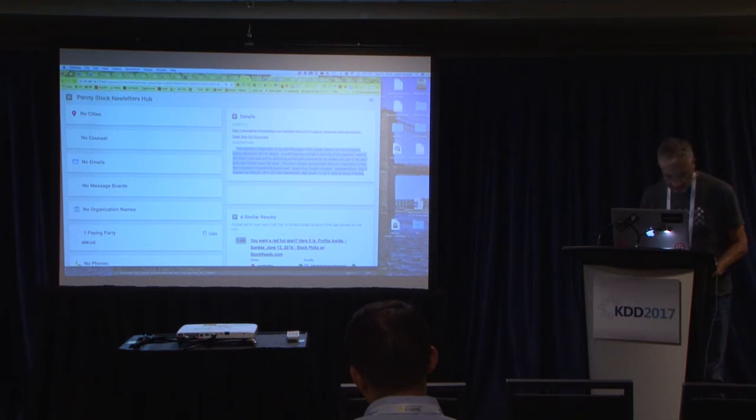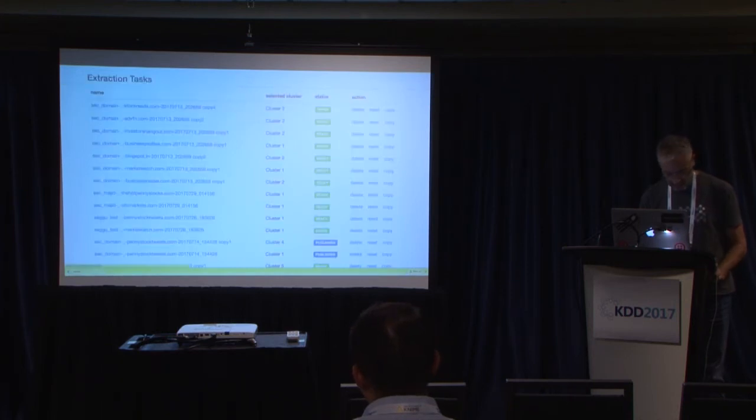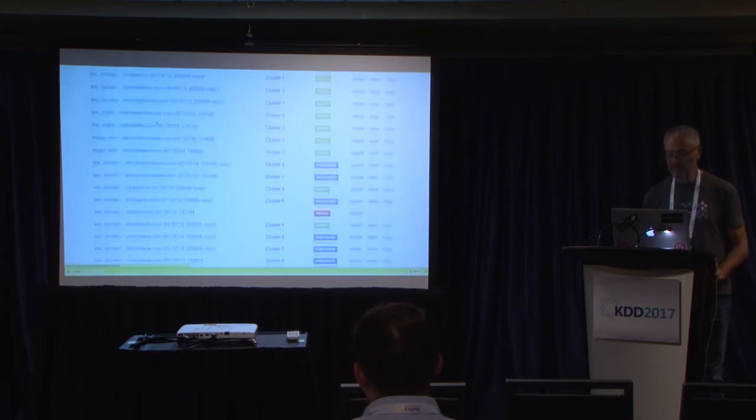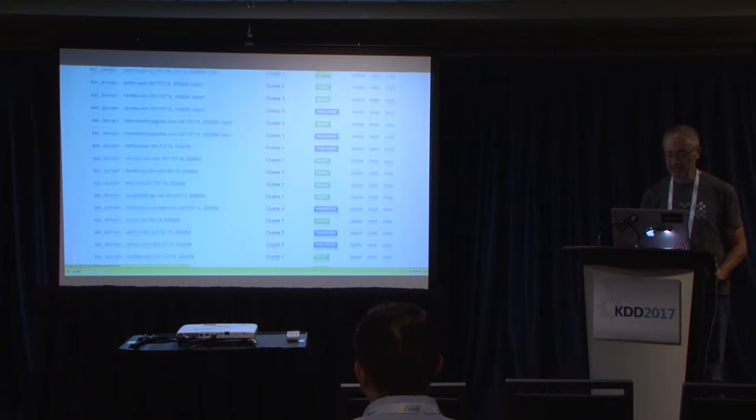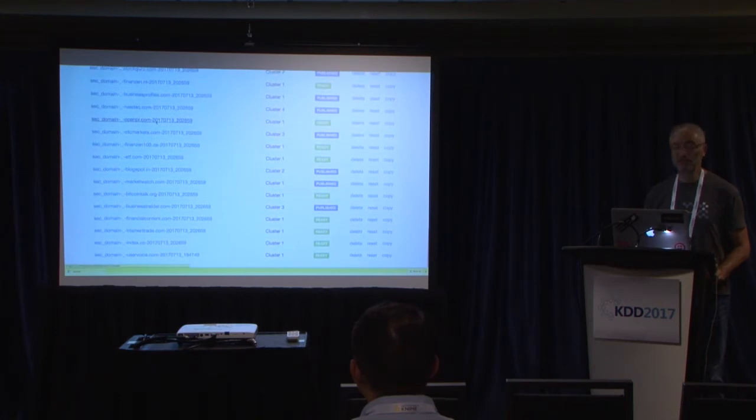And then when you're done, you can also download the data in CSV, in JSON, and so on. Here you can see all the data sets that they published, the ones that got done.